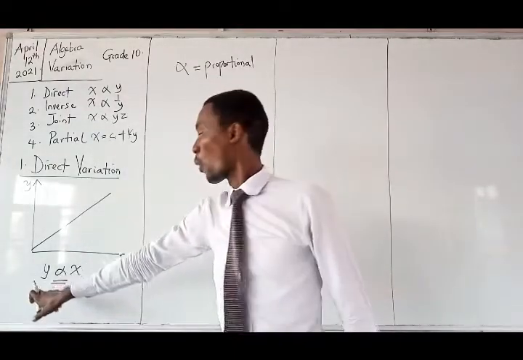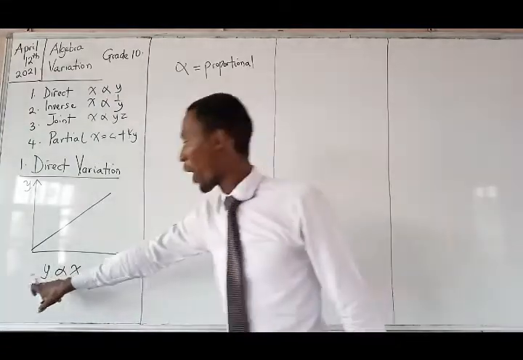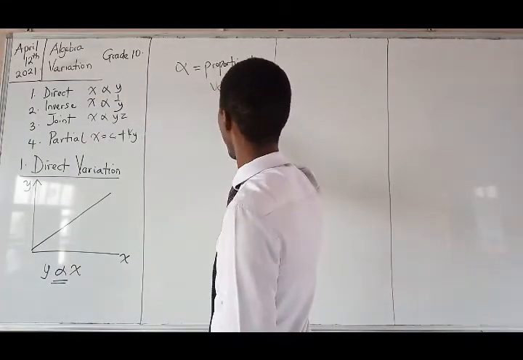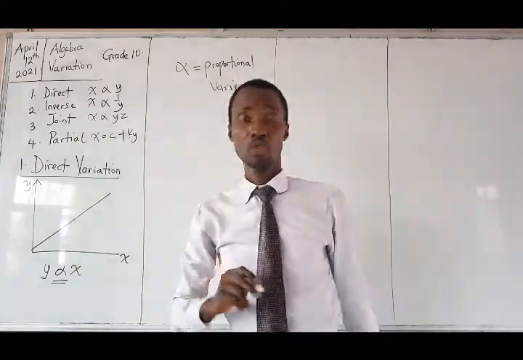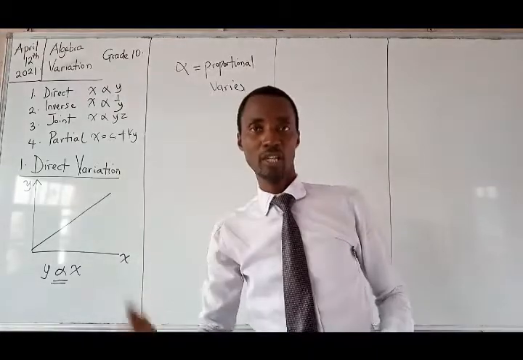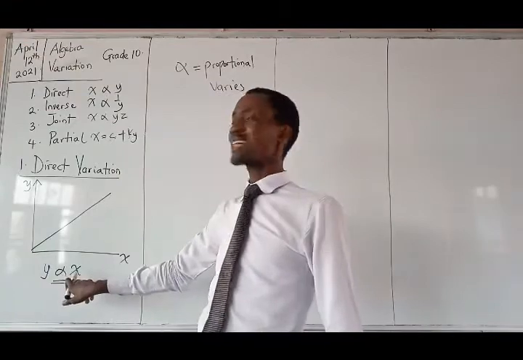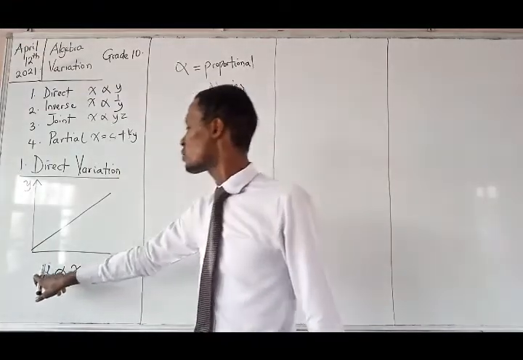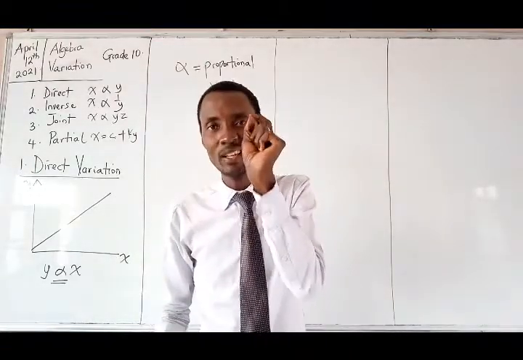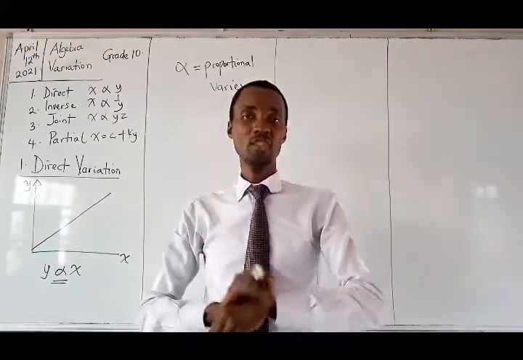Another word you can use for proportional is varies. In some questions you can see y varies, or y is proportional to; they mean the same thing. So if I say y varies as x or y is proportional to x, what I'm saying is that as y is increasing, x is also increasing.